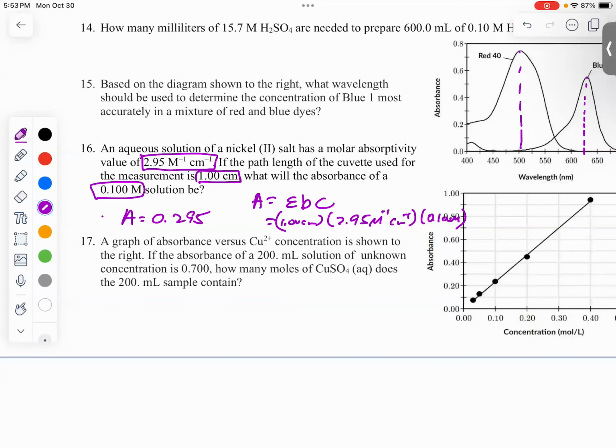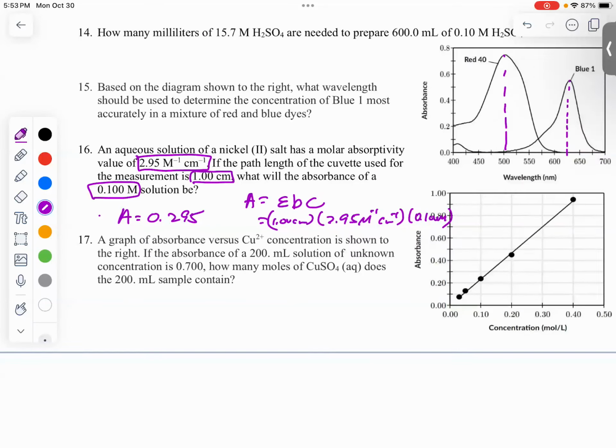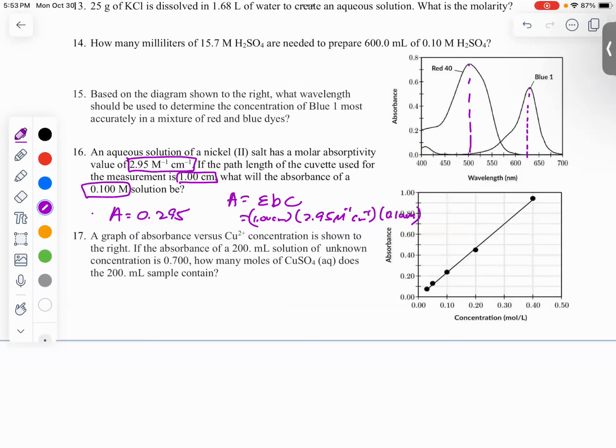And then number 17, a graph of absorbance versus copper 2 concentration is shown to the right. If the absorbance of a 200 milliliter solution of an unknown concentration is 0.7, so 0.7 is right here, how many moles of copper 2 sulfate aqueous does the 200 milliliter sample contain?